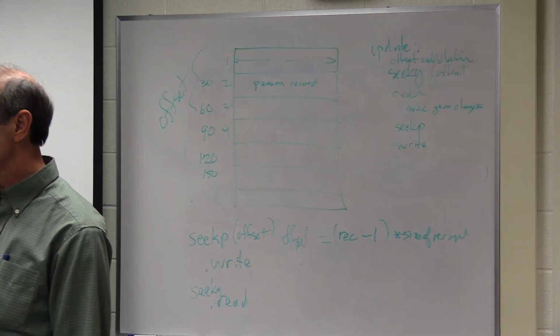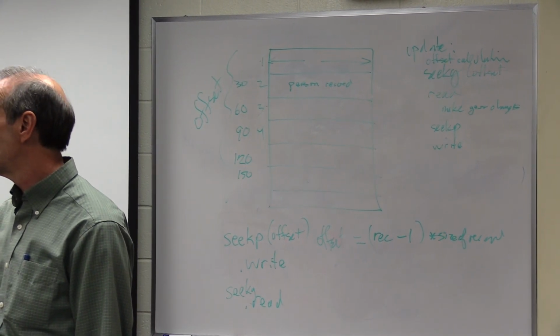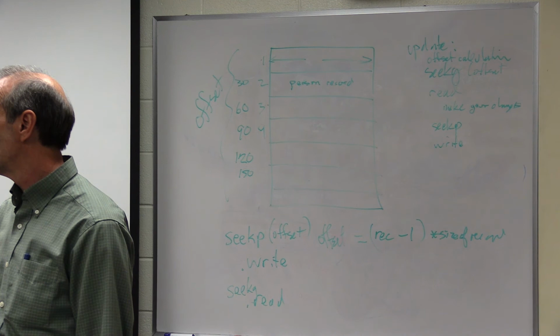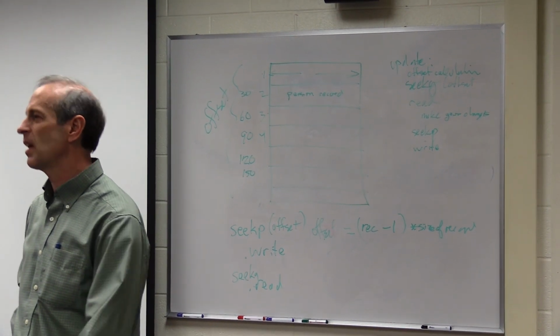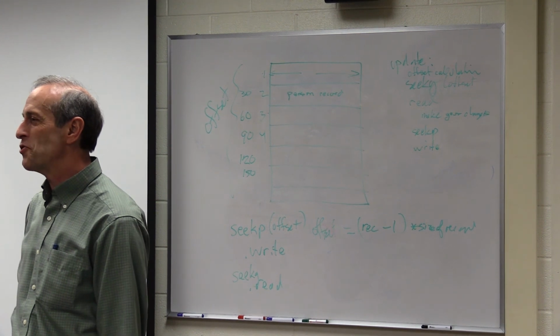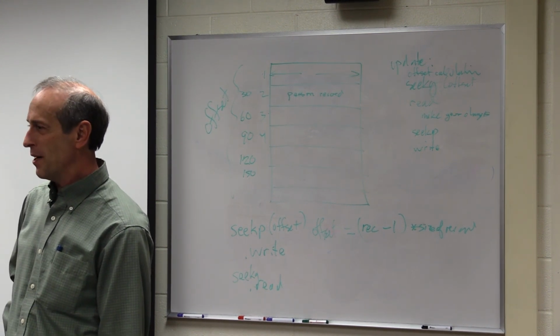Any other questions? For the instructions for the update portion of the program, I think it says just to let the user update the age. Yeah, I just want you to get the gist of it. We don't need to make this so complete and robust.